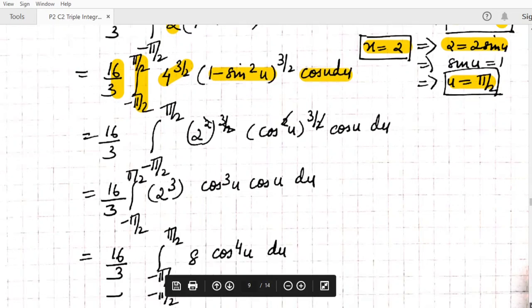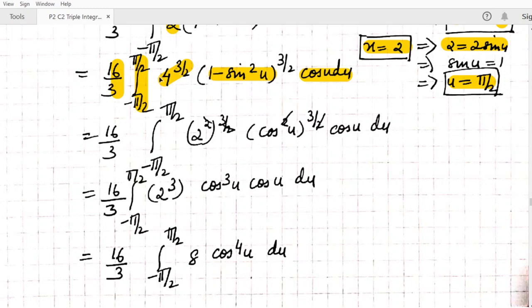In the next step, we will be simplifying it. 1 minus sine square is cos square u, and 4 raised to 3 by 2. 4 can be written as 2 square, so 2 square into 3 by 2, and 2 and 2 cancel. So we get 2 cube.